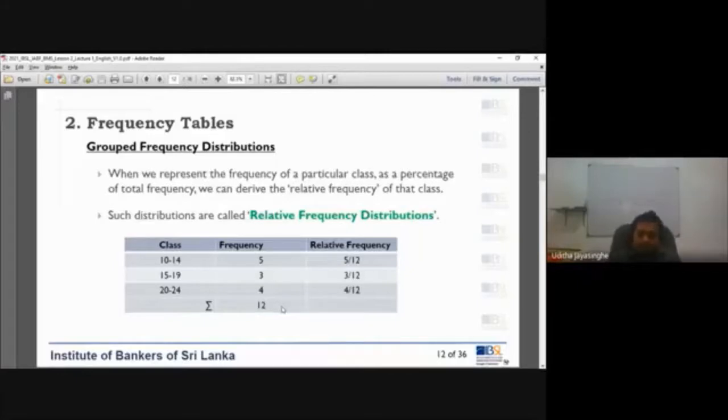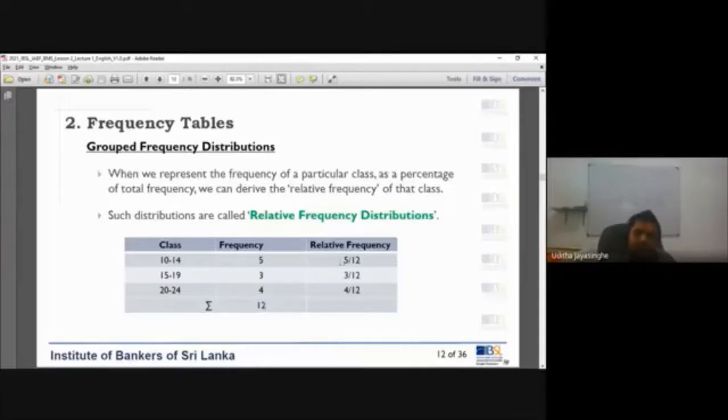The relative frequency is nothing but representing the share or percentage of this individual class compared with the total frequency. It's very easy. If you look at the class 10 to 14, you have 5 items as a frequency out of a total of 12.